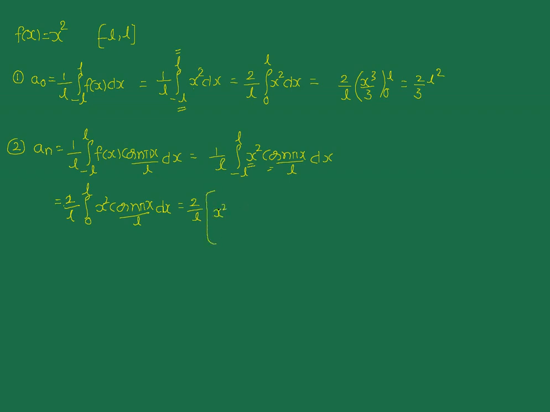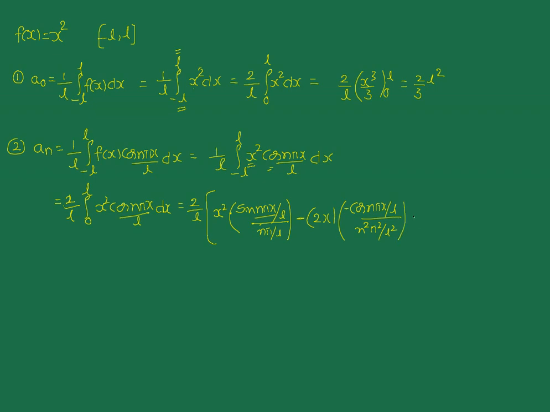x square into cos n pi x by L, integration sin n pi x by L by n pi by L, minus x square differentiation 2x. So this integration is nothing but minus cos n pi x by L by n square pi square by L square.